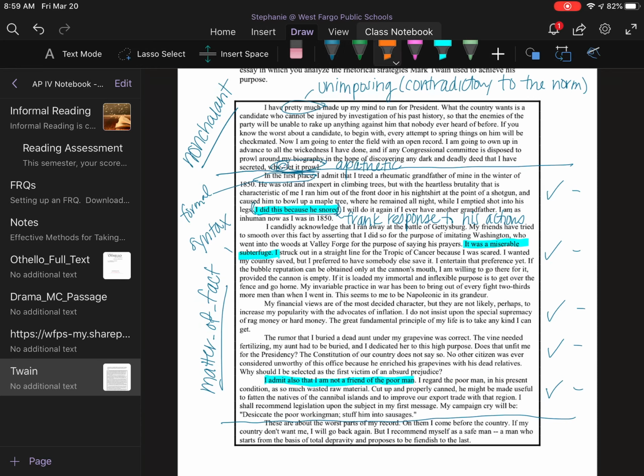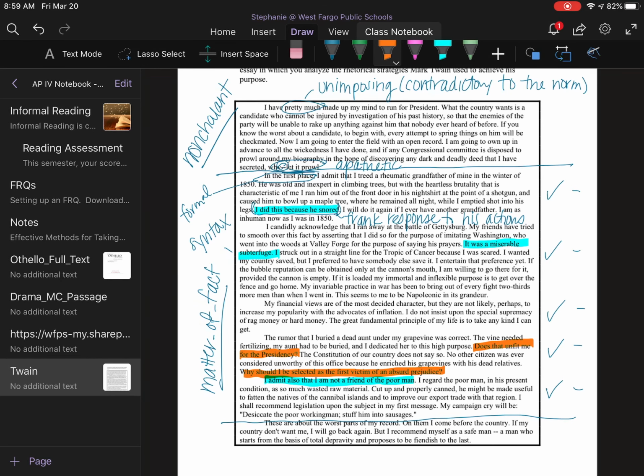And then another thing is if we look down here, the writer starts to use rhetorical questioning. And if you notice with these questions, he's asking things that the response should be obvious to. For example, he talks about burying his aunt under the grapevine, and then he says, does that make me unfit for president? As a reader, our natural reaction would be, yes, that does make you unfit to be president.